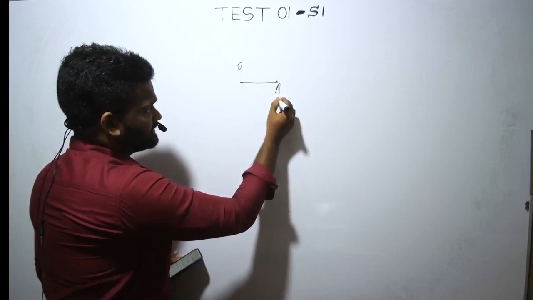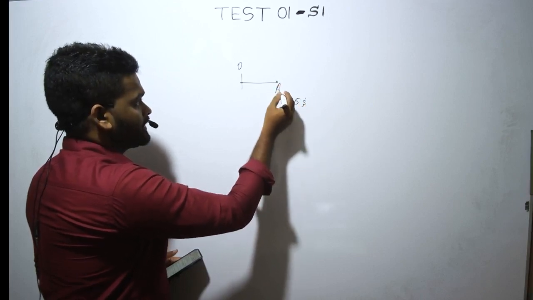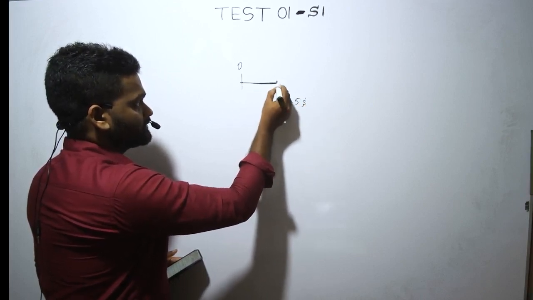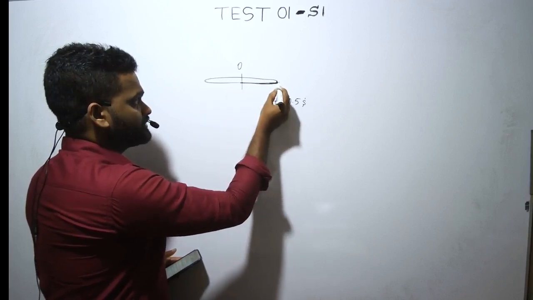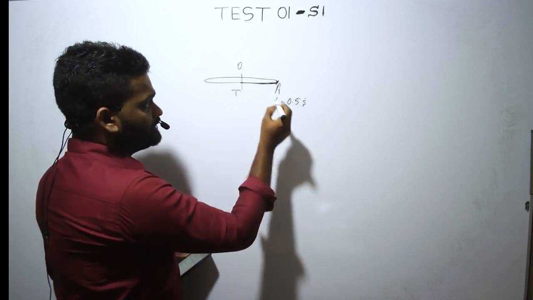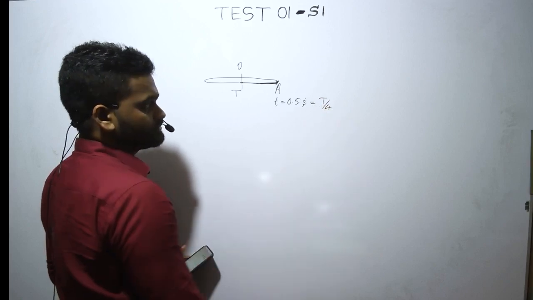They say this takes 0.5 seconds. You know that this is 1/4 of the whole cycle, so if the time period is capital T, this is T/4.